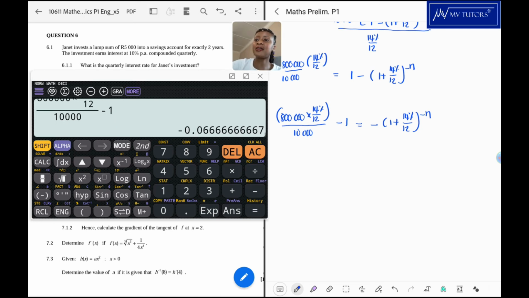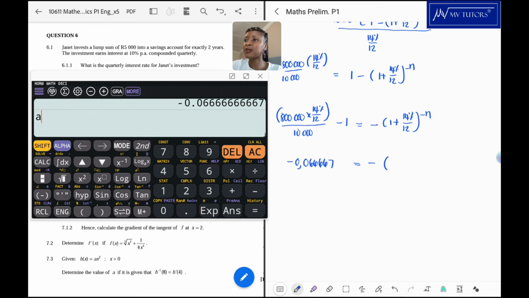So the answer is negative 0.0666667. I'm just going to do it like that. And then on this side, I have the bracket, so I'm just going to store this one. So shift store A. Let me see if it's stored it, alpha A. Yes, it's stored it. Great.